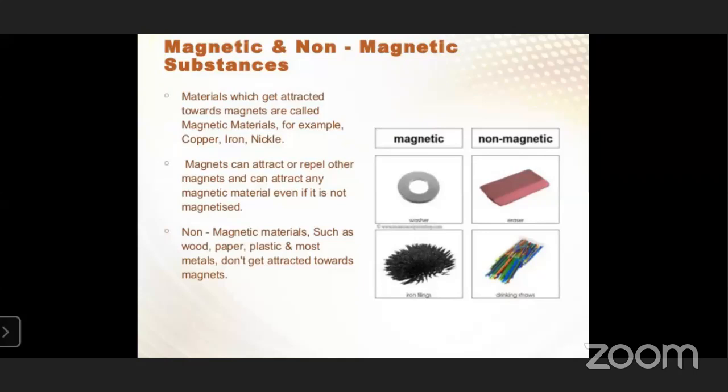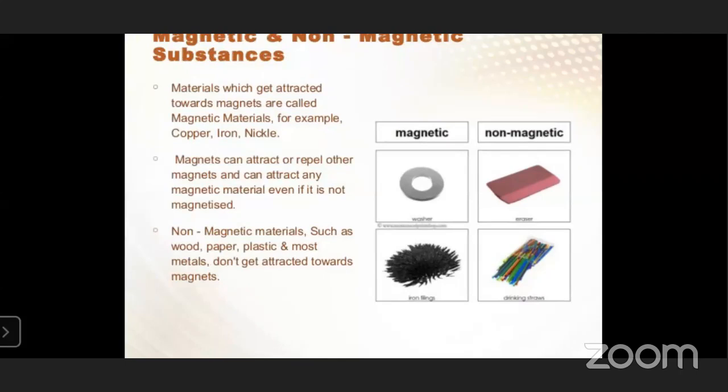This is our main topic today, children. So these four points we are going to discuss.